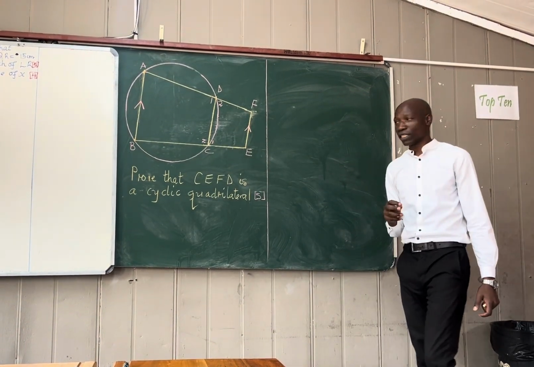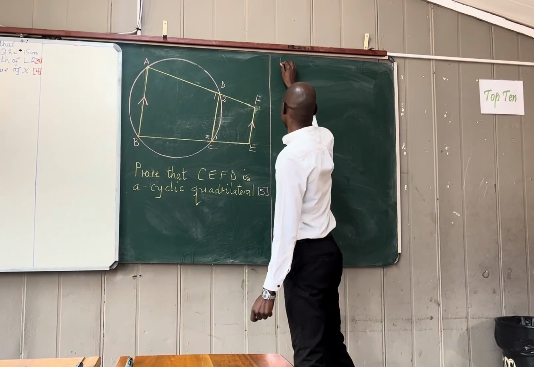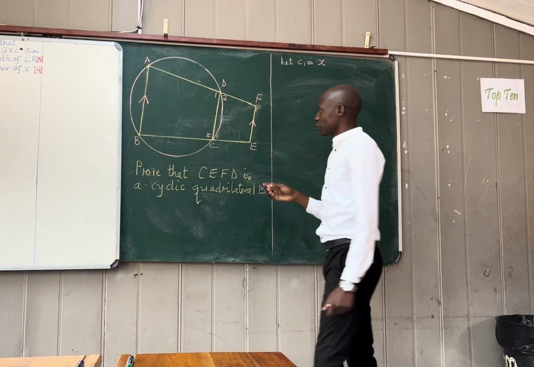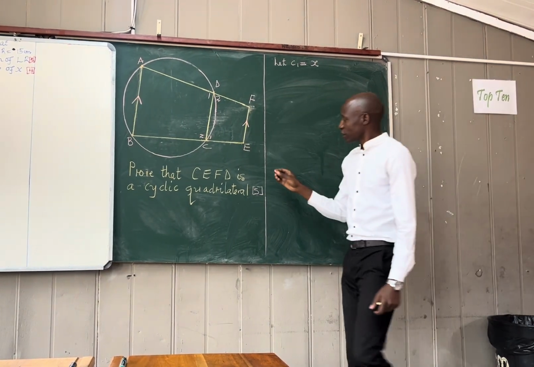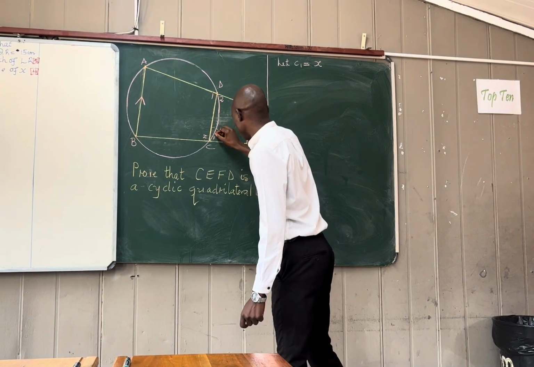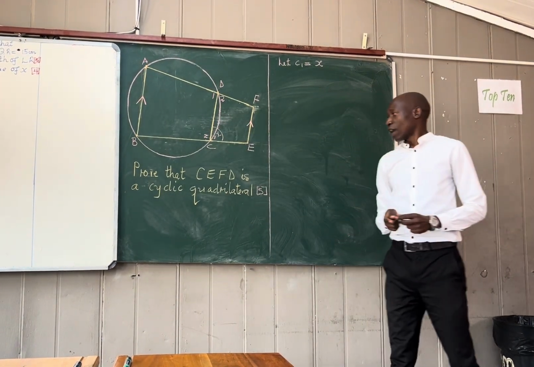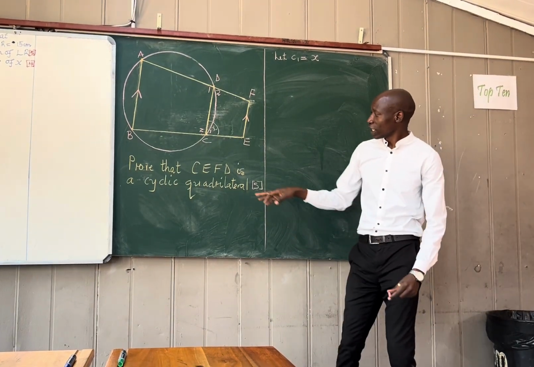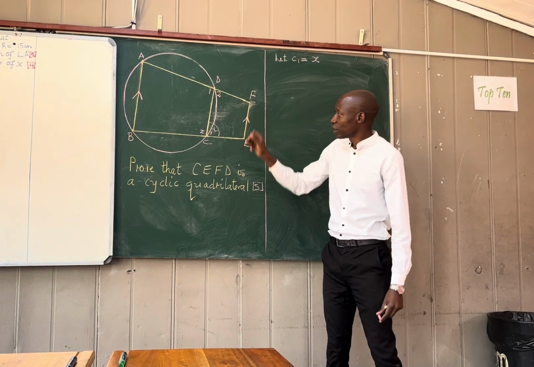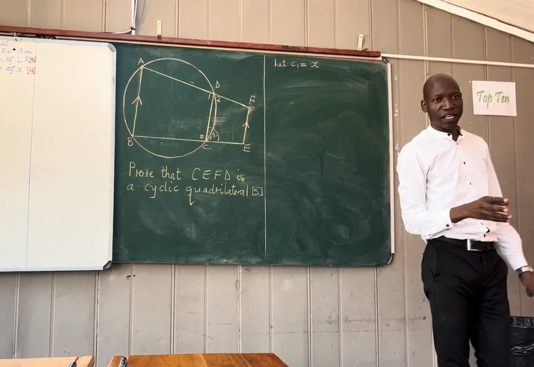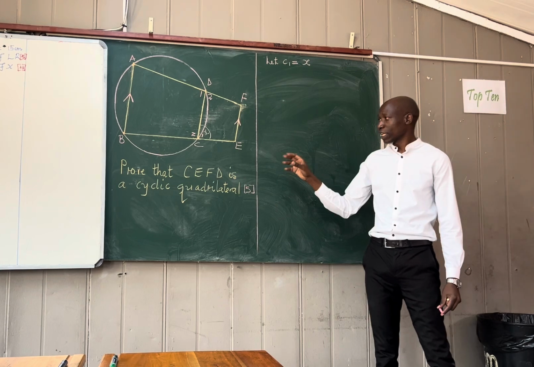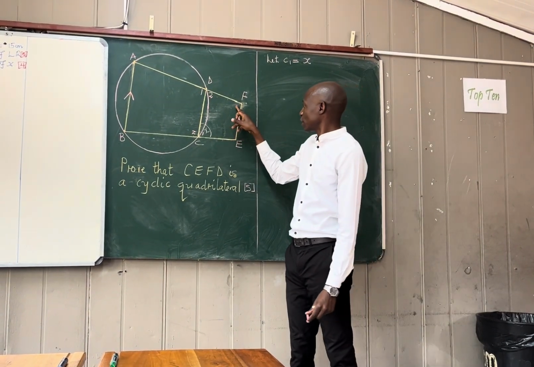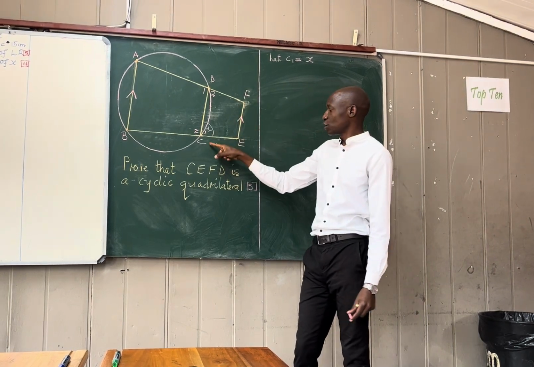Let C1 be equal to X. I have chosen angle C1 and let it be equal to X. So in other words, I'm asking myself: if I can prove that the addition of C1 and F gives me 180 degrees, then I have proved that it's a cyclic quad. So I need to travel from C1 until I come back to F and then reconcile the two to give me 180 degrees.